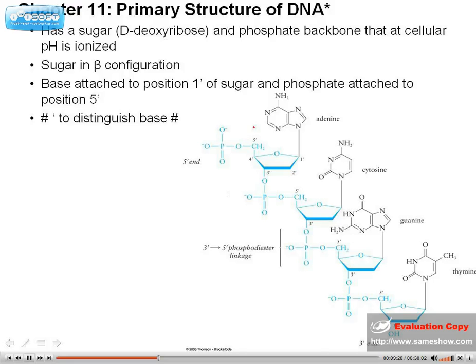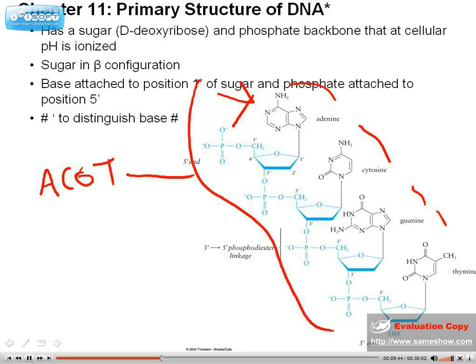So make sure you understand the pattern, make sure you have the important nucleotides memorized. I'll give you something like this right here, A C G T, and then you will be responsible for creating all of this.